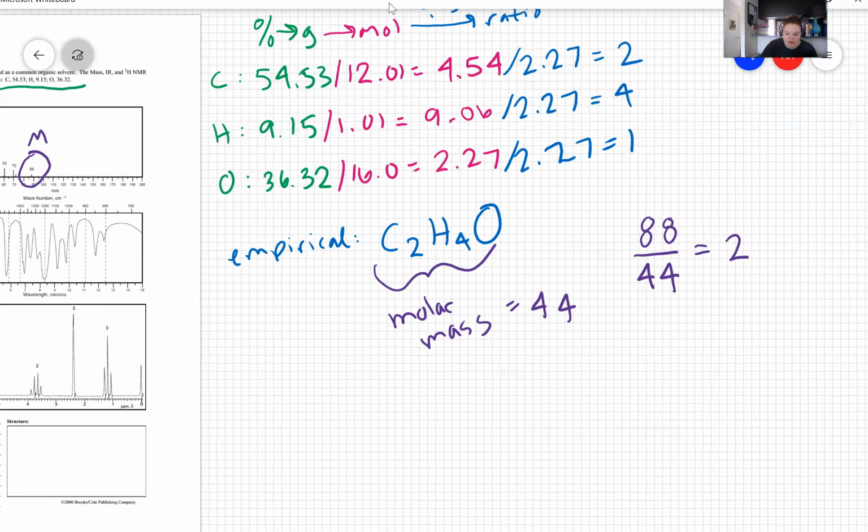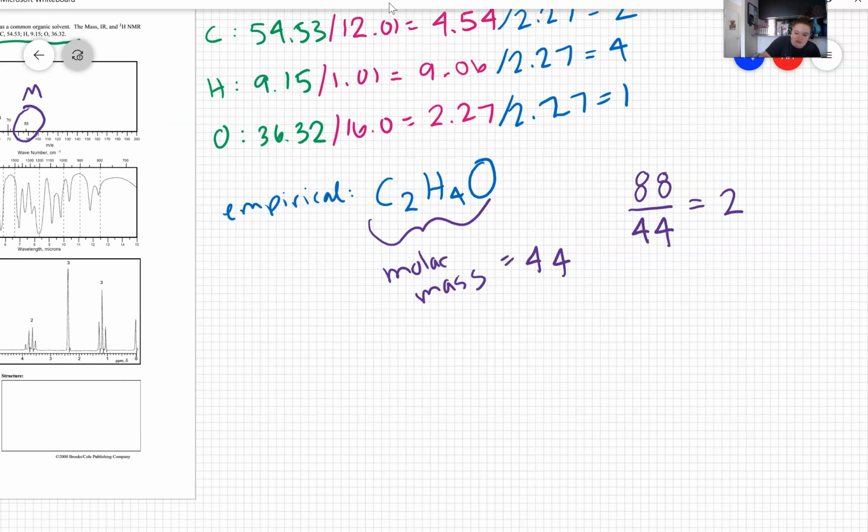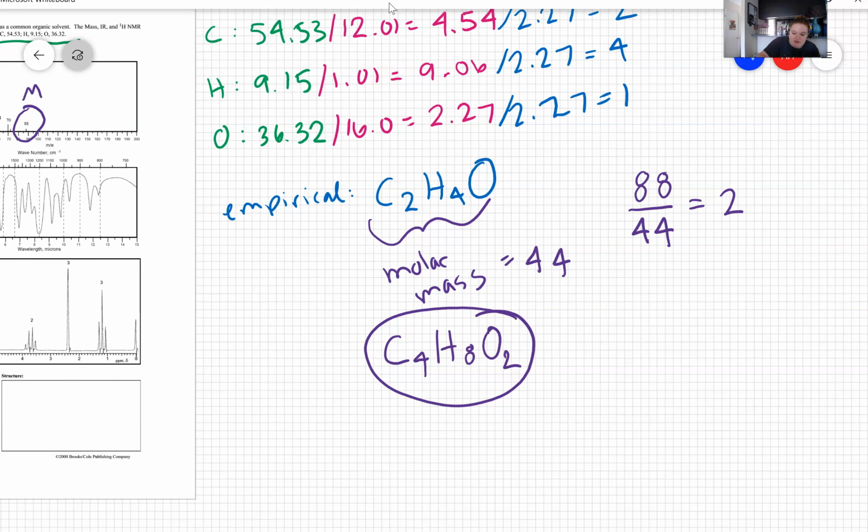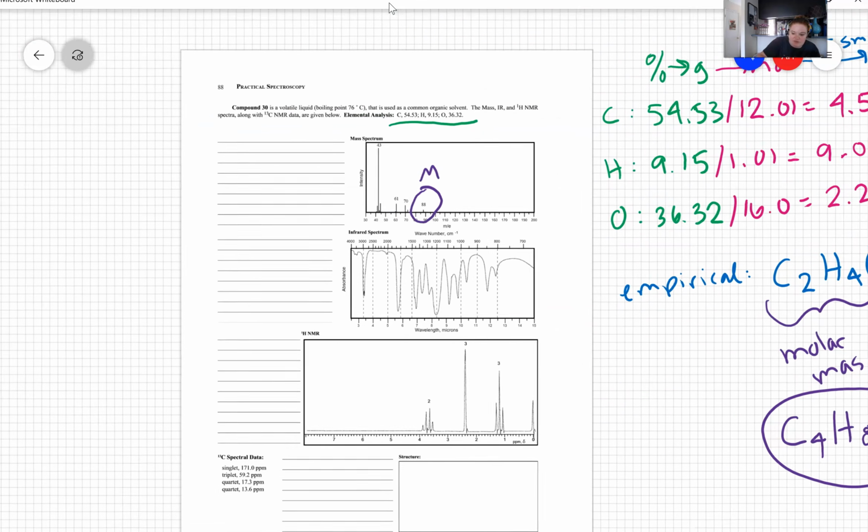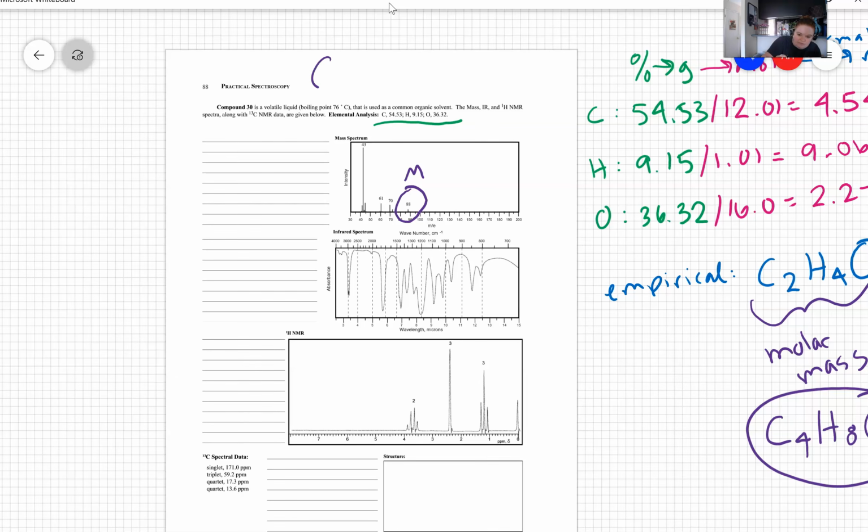That means that my molecular formula is twice as big as my empirical. So I'm going to have C4H8O2. I know that that's my formula I have to work with, so I'm just going to rewrite that over here.